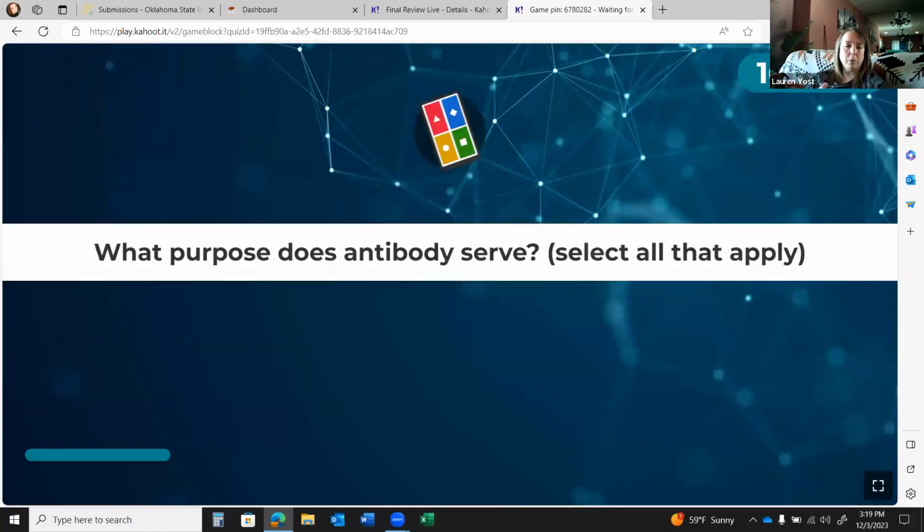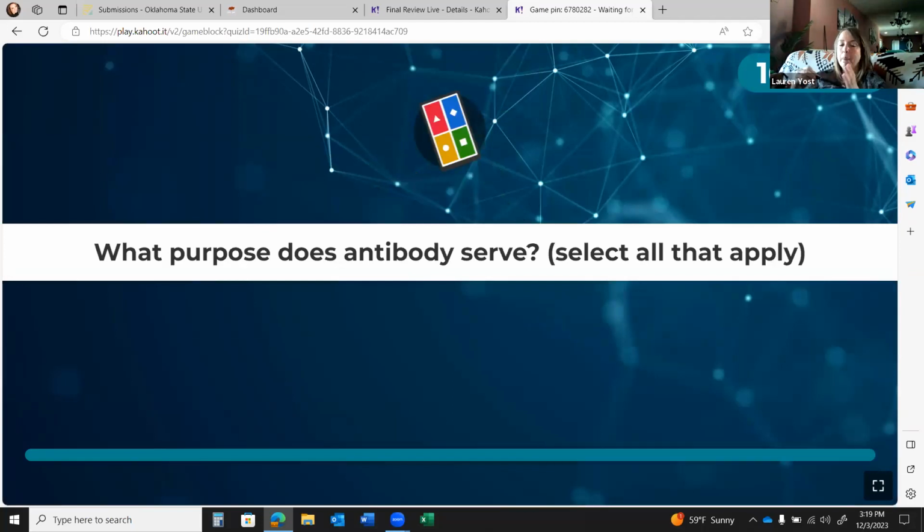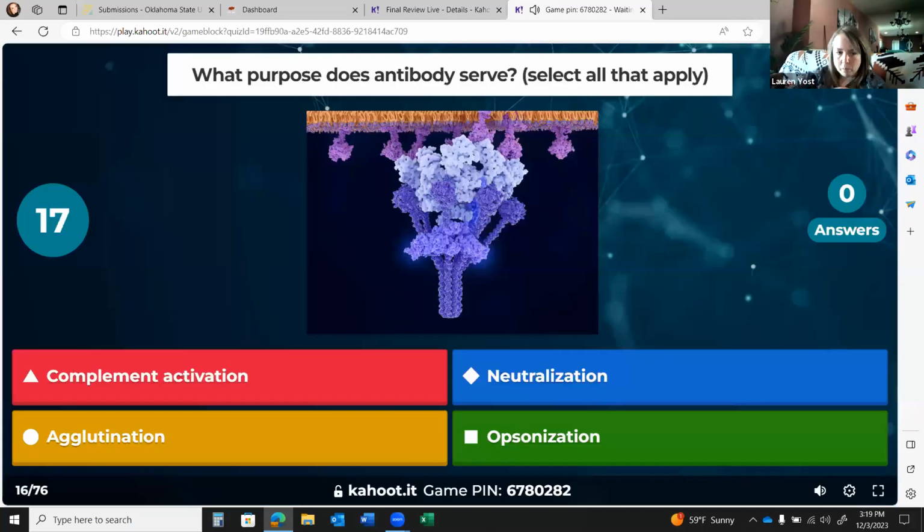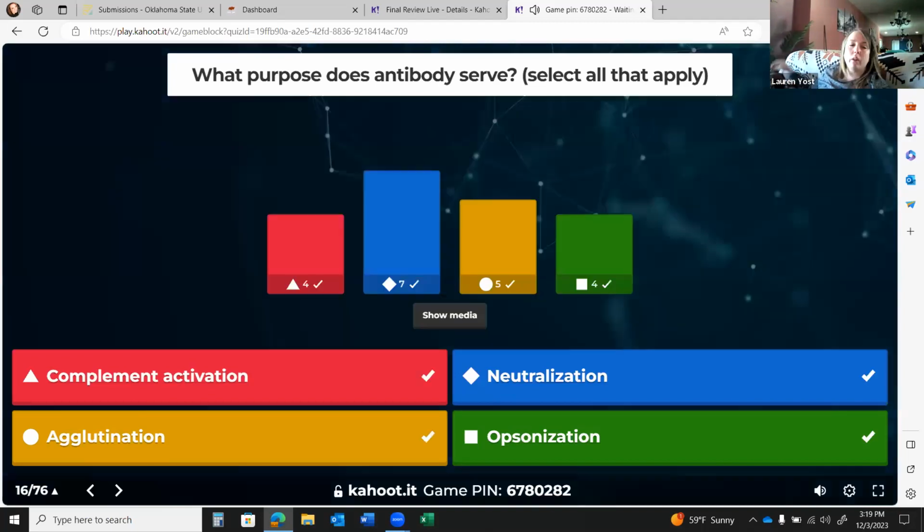All right, you can select more than one here. So what purpose does antibody serve? Okay, so it's going to be all of them.